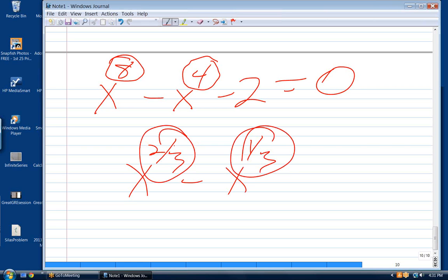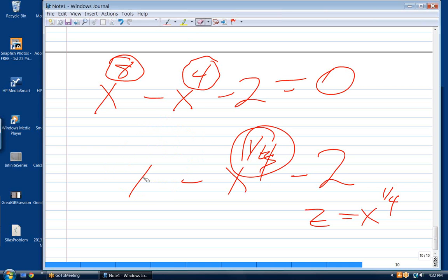I could have used 4/3 and 2/3. Same thing. If it was 1/4 and 2/3, I can't do it. I can no longer solve this using substitution, because I can't let z equal x to the 1/4, because then z squared is not equal to this thing.